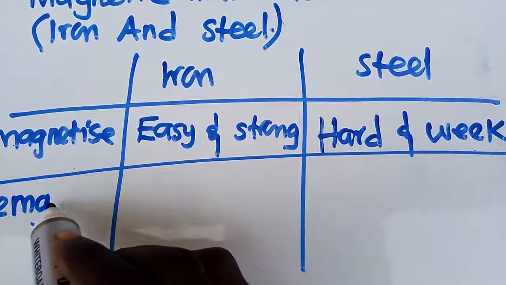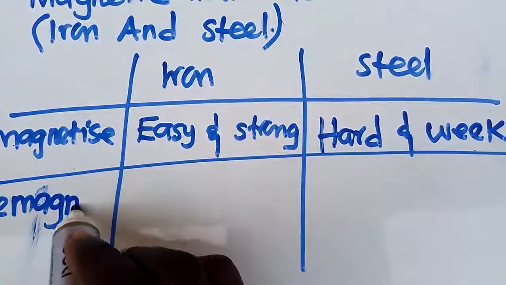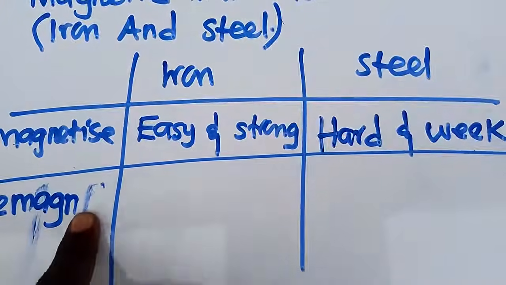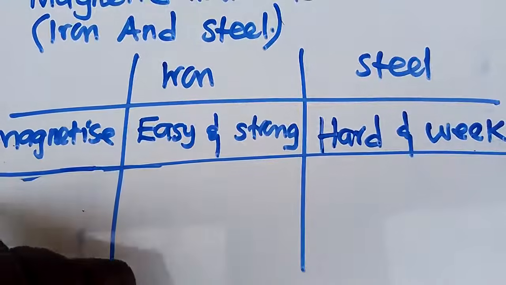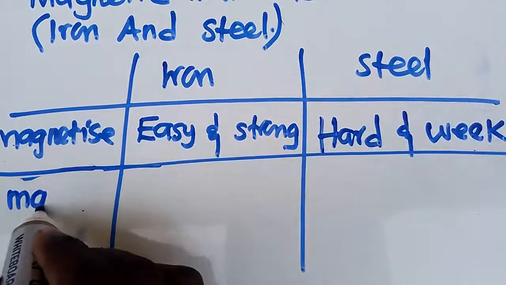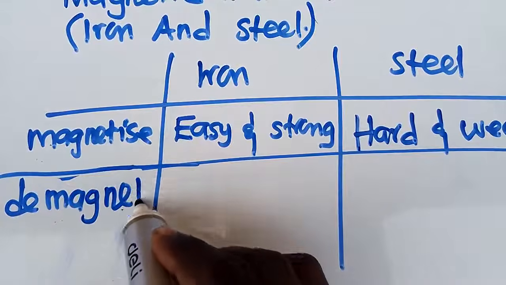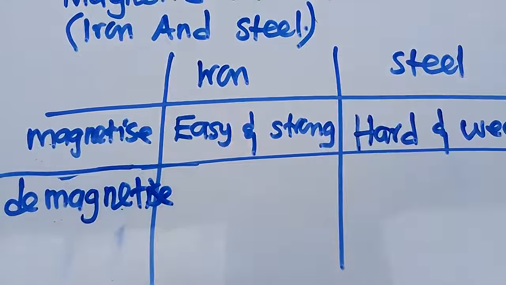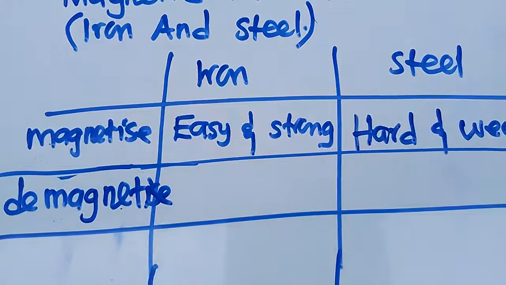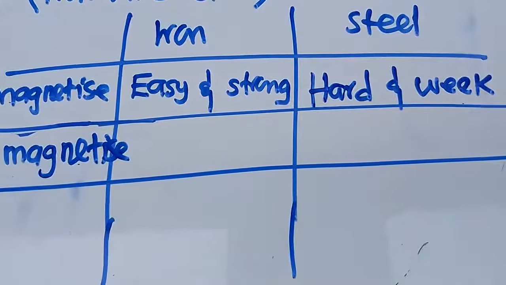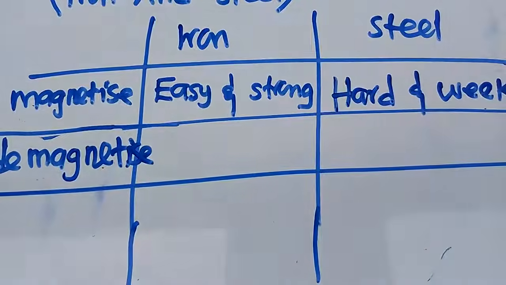We move to demagnetizing. So what does it mean when we say to demagnetize? To destroy a magnet is to demagnetize, to make a magnet lose its magnetic strength.